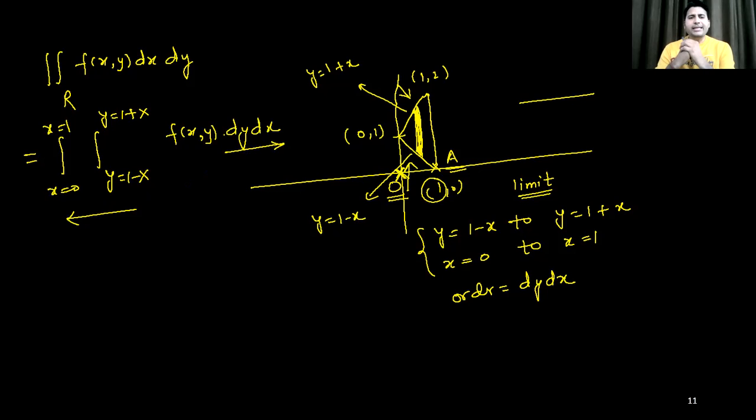Now you can say, sir, if the integral can be solved by taking only one strip, why are we taking two strips? The answer, students, is that when we are dealing with the change of order of integration, the next topic, it is not necessary that if the original question takes a strip parallel to the x-axis, we should take parallel to the y-axis for changing the order.